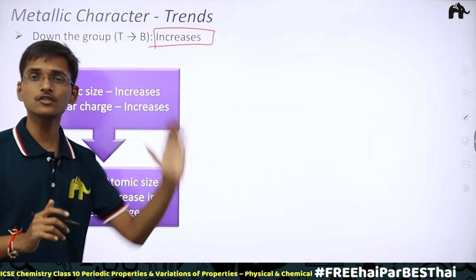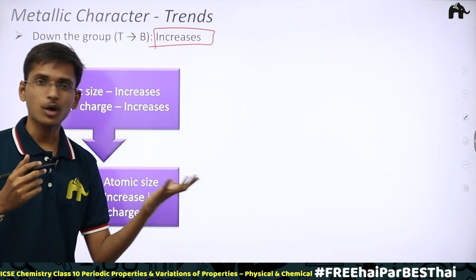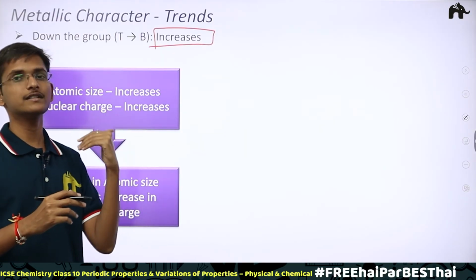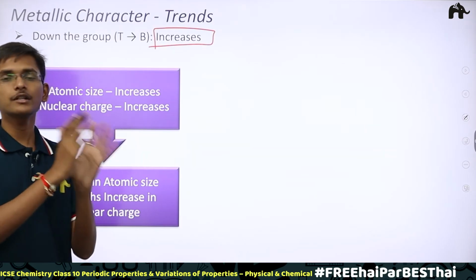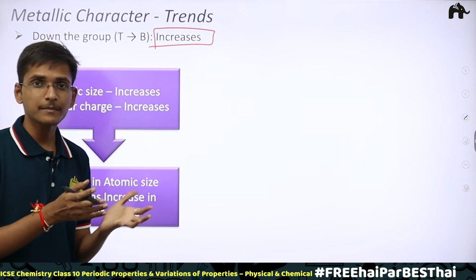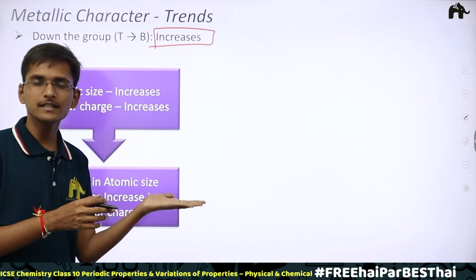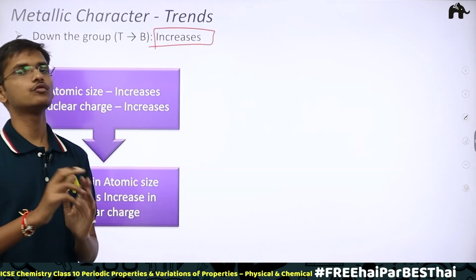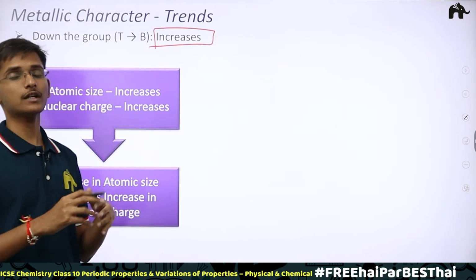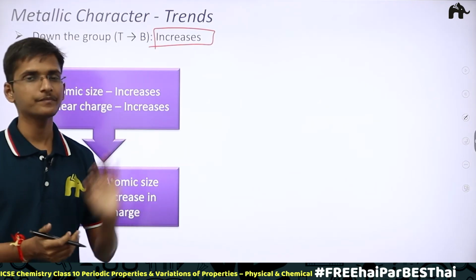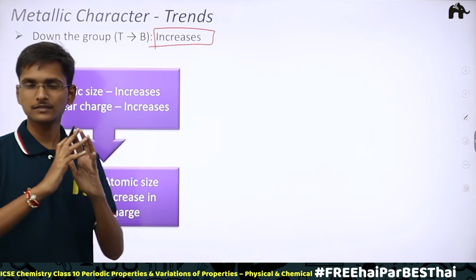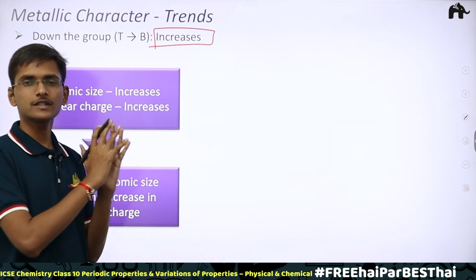You have to look at the factors on which that particular periodic property depends, and then think logically what would happen when that factor increases or decreases. Then you would definitely figure out the trend of the periodic property when we move across the period and down the group. Feeling confused? Don't worry, you would get the clear picture right now. We are going to follow the same thing.